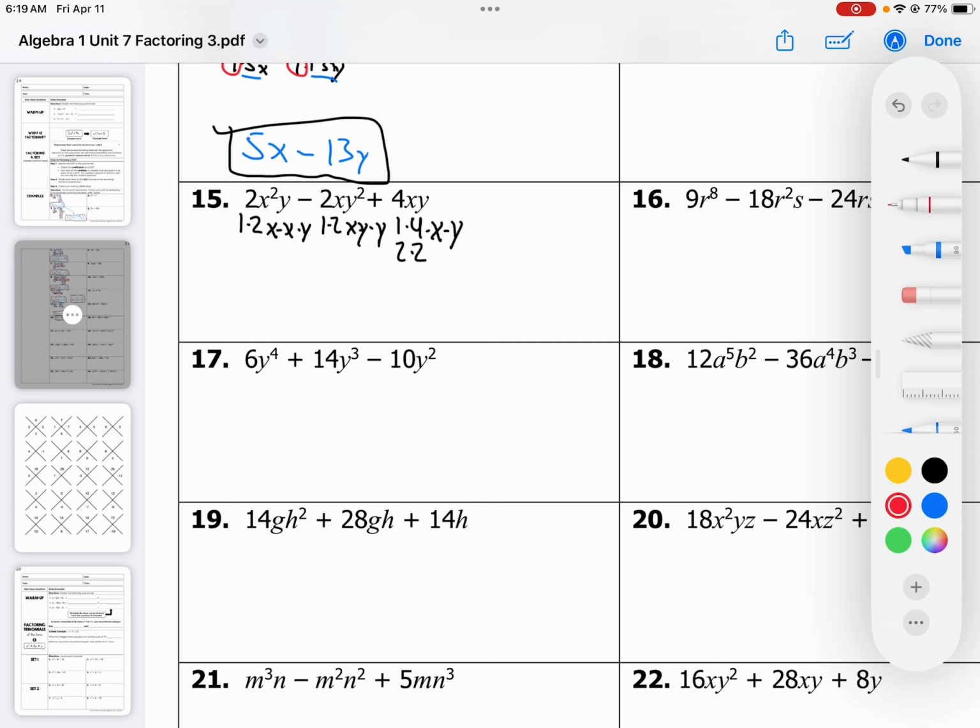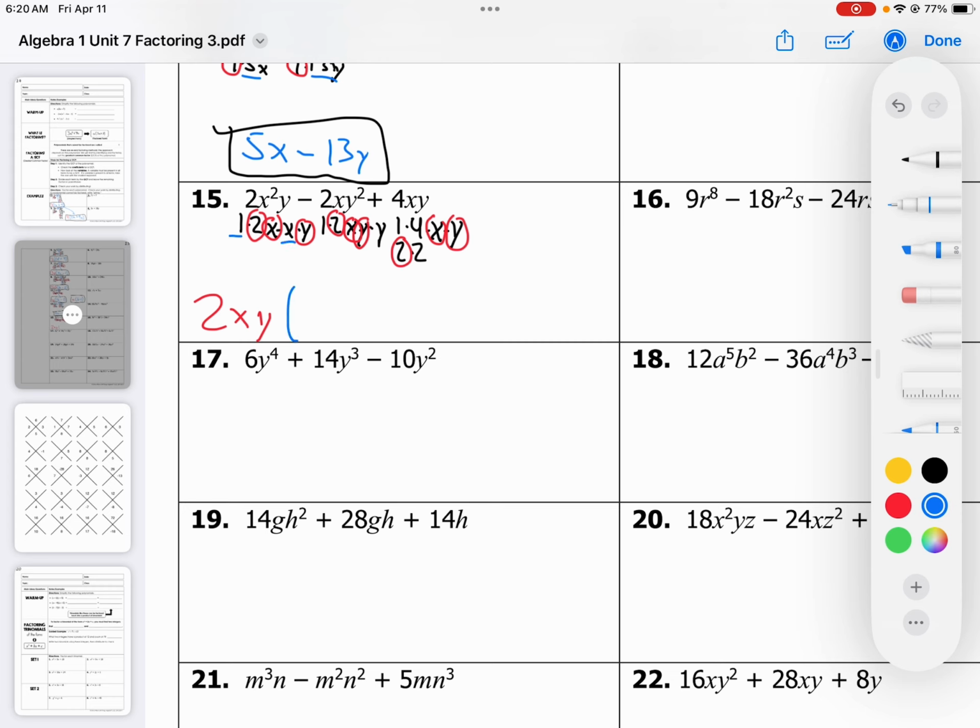Now we need to find the biggest thing that they have in common. Looks like they all have a 2, and that's the biggest thing that they all have. So they all have a 2 in common. I see that they also all have an x, so I can take an x out. And I also see that they all have a y, so I can take a y out as well. Then I look at what's left over.